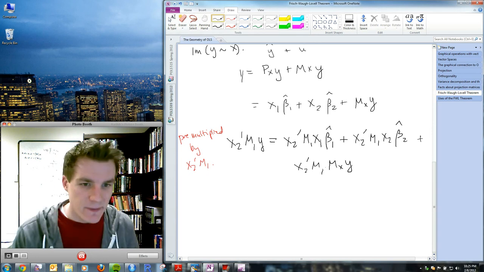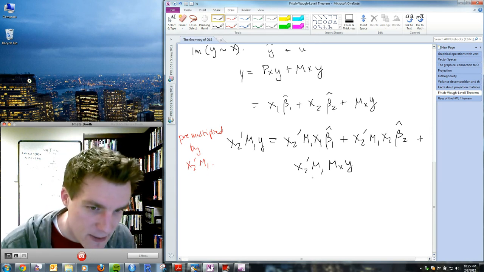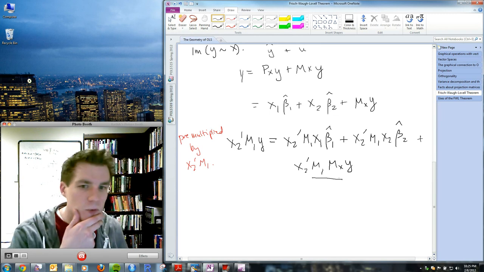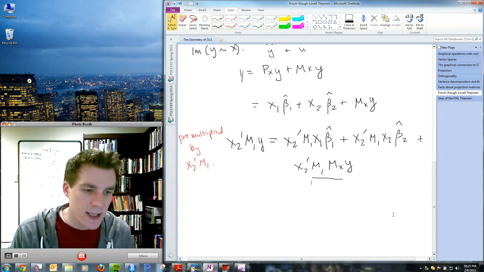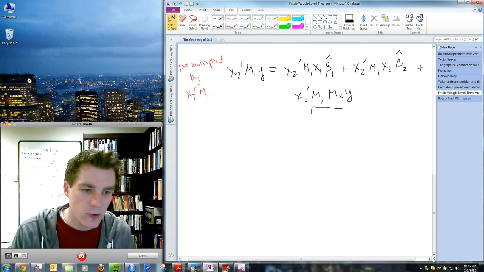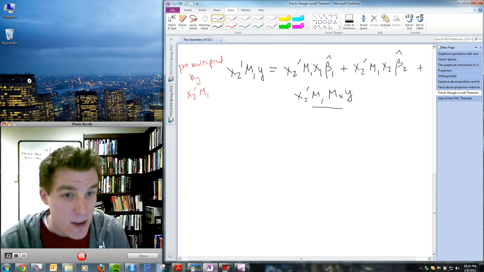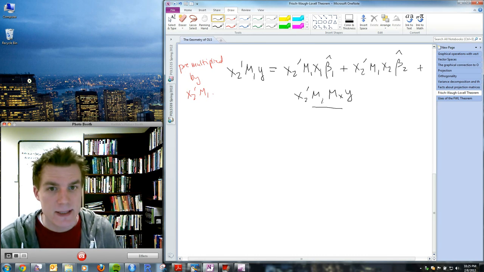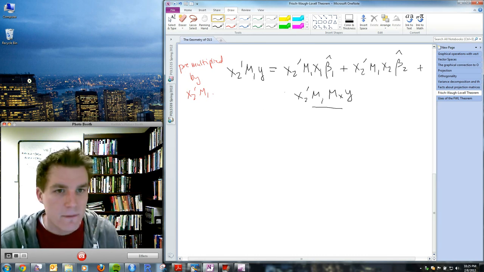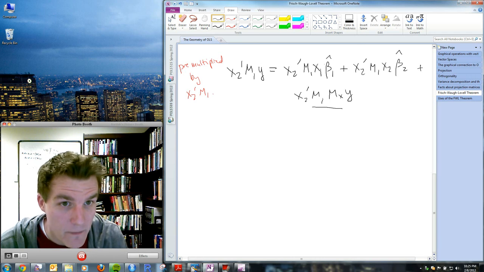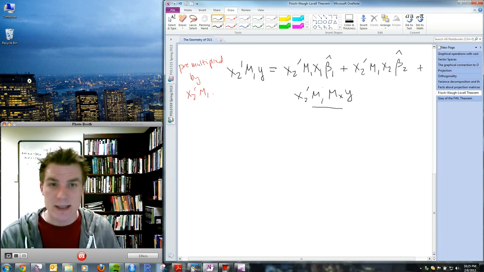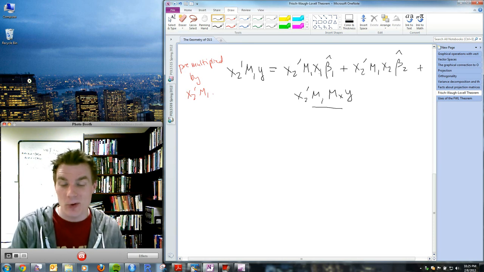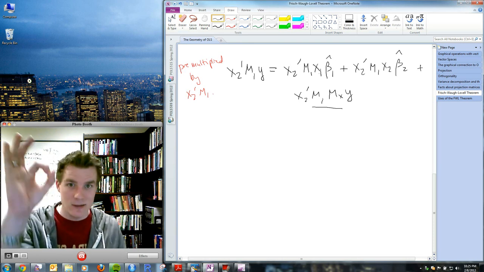Now I can start to simplify things. For example, I can simplify something right here. I can use a theorem which we just proved a second ago, or which actually I'm leaving part of that proof to you in the homeworks, but this here is going to give me mx. I can simplify this to 0 because m1 x1 is the portion of x1 not representable in x1, which is to say none of it.